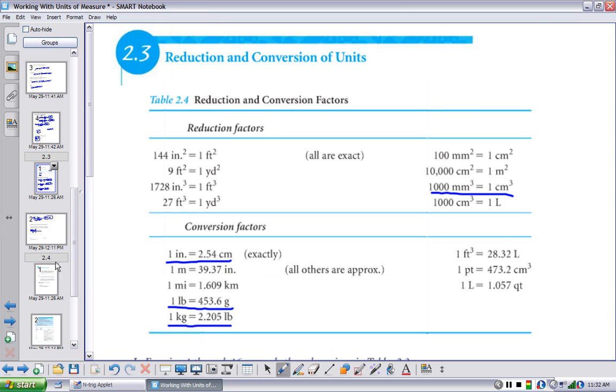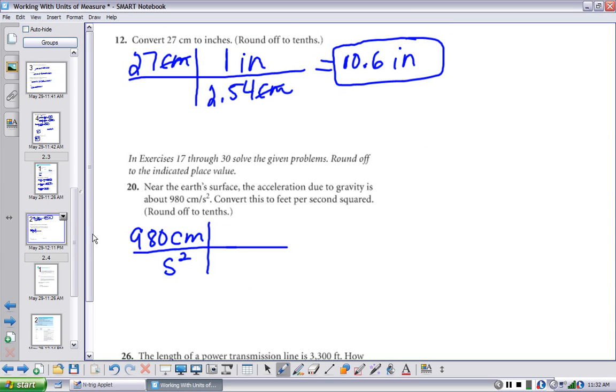Remember, 2.54 centimeters is 1 inch. So we put this in the bottom so we can cancel out. That's equal to 1 inch. We got to go a step further because we want feet. Well, we know that there are 12 inches in 1 foot.